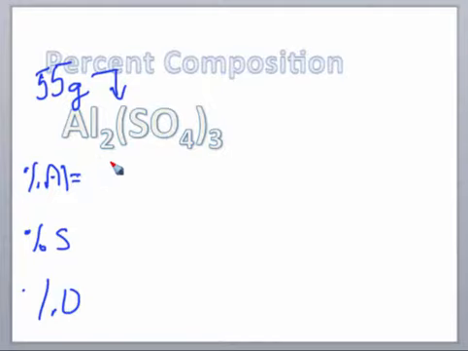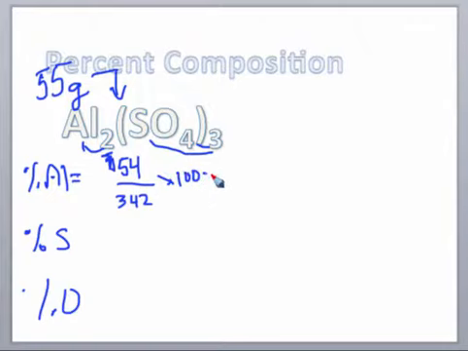So to figure out percent aluminum, we're going to take the aluminum part. Here, let me rewrite that. Sorry, still trying to get a little bit used to this new system. So we have the aluminum part, which is 2 times 27, which is 54, over the total, which is 342. The 342 comes from 2 times 27, 3 times 32, and 12 times 16.